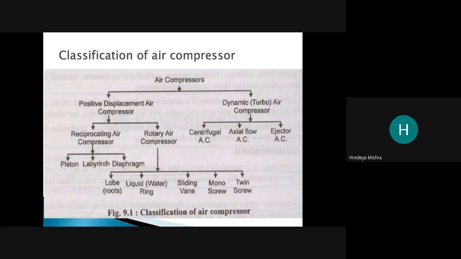See, these are the classification of the air compressor. Air compressors are mainly divided into two parts: first is positive air compressor and second is dynamic or turbo air compressor. Positive air compressors are divided into two parts: reciprocating air compressor and rotary air compressor.